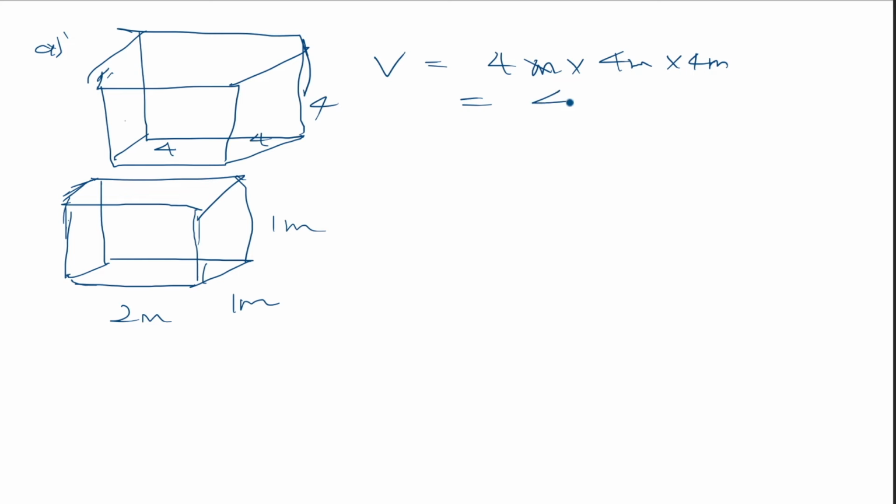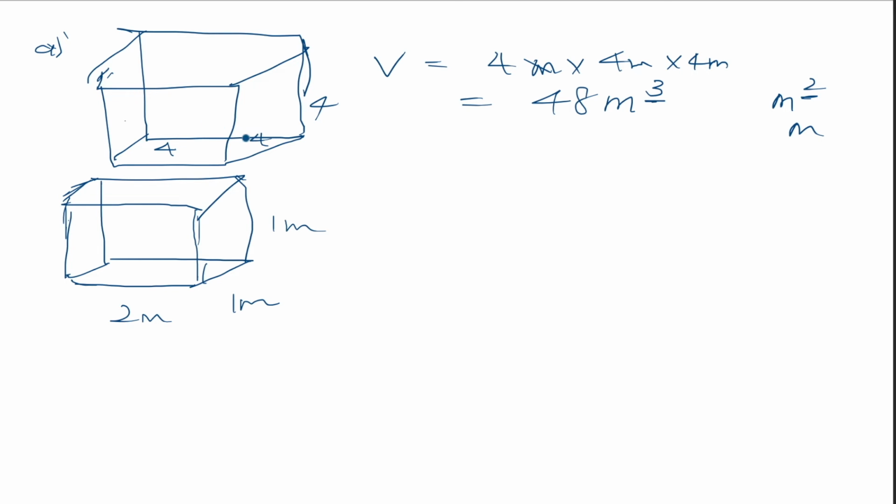Okay, so this is 64 meter cube. When you see cube like this, is volume. When you see square like meter square, it's actually area. When you see only meter, it can be length or perimeter. Okay, so now it's actually talking about the volume.